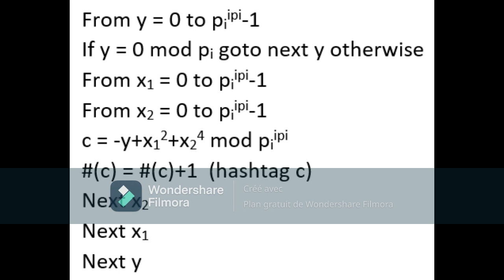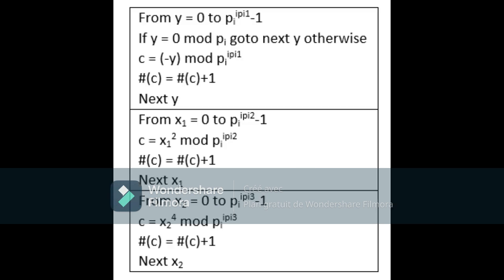We have here three nested loops. The viewer must realize that if IPI is large, the resulting calculation may be very tedious or even impossible. But when variables are independent, fortunately, this can be done by addressing each loop separately.